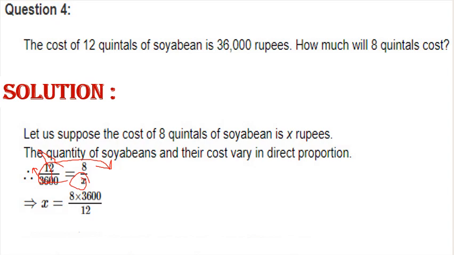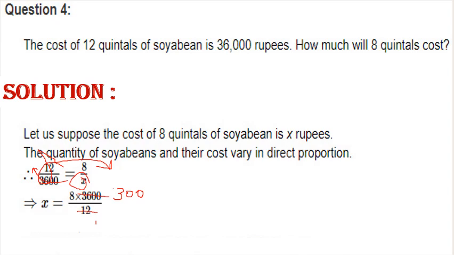Now let's simplify this. 12 and 36 are divisible by 12. So 12 ones are 12 and 12 threes are 36.